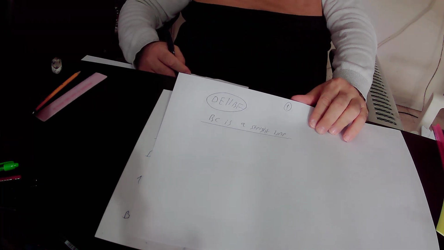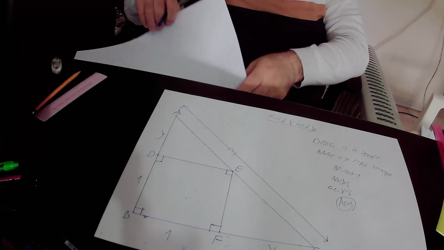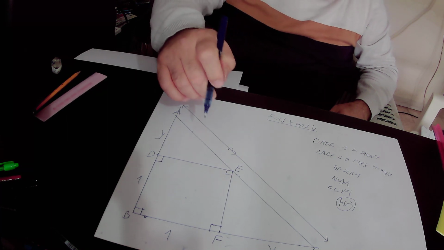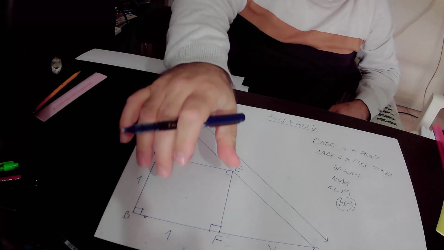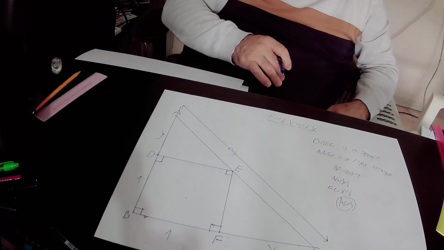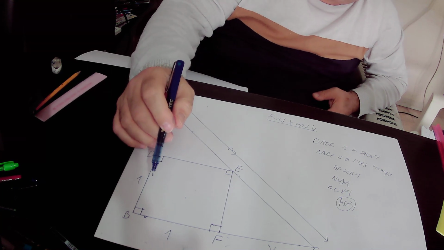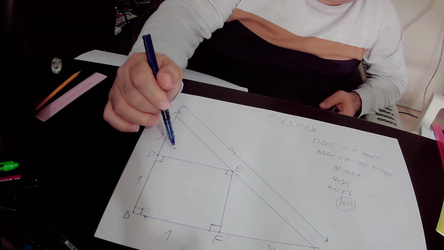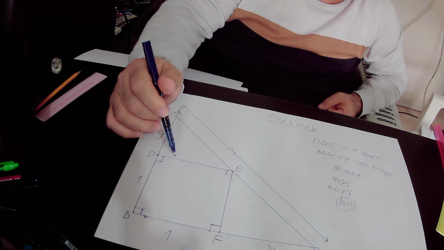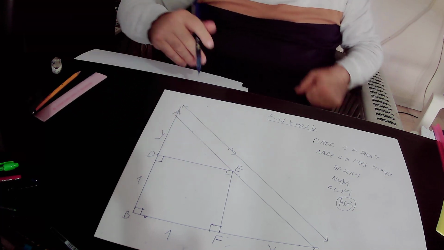BC is a straight line, and part of the straight line BC, that is actually BE, is parallel to DE. And because part of BC is parallel to DE, then the straight line BC itself will also be parallel to DE.